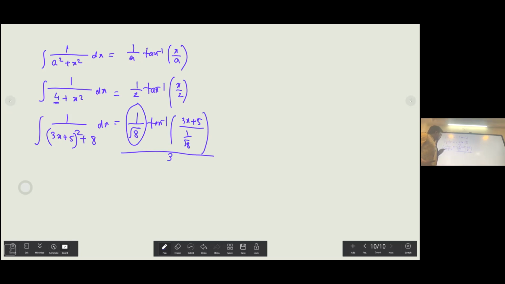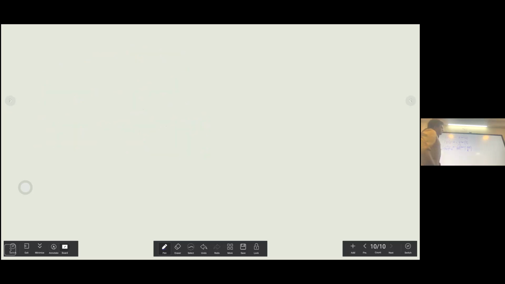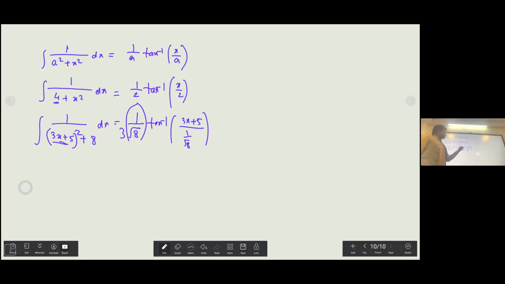And since this is not an ordinary kind of question, where x has been replaced by another linear function, you just don't forget to divide by this 3. So you can write 3 here in the denominator, and this is basically your final answer: 1 upon 3 root 8 tan inverse (3x plus 5) upon root 8.